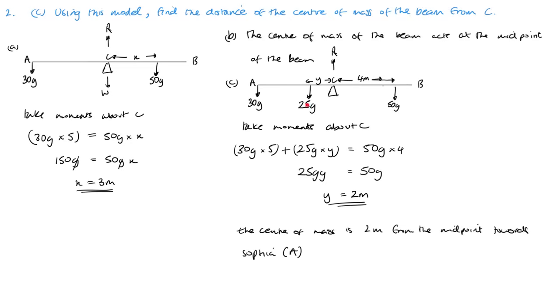Now, if I'd guessed the wrong side, like say I'd guessed it was on this side, my Y then would be negative to show that it's actually the other side of that midpoint. Okay, so I didn't have to worry about getting it right, but guessing right does make my life a little bit easier. So that is question 2 complete.